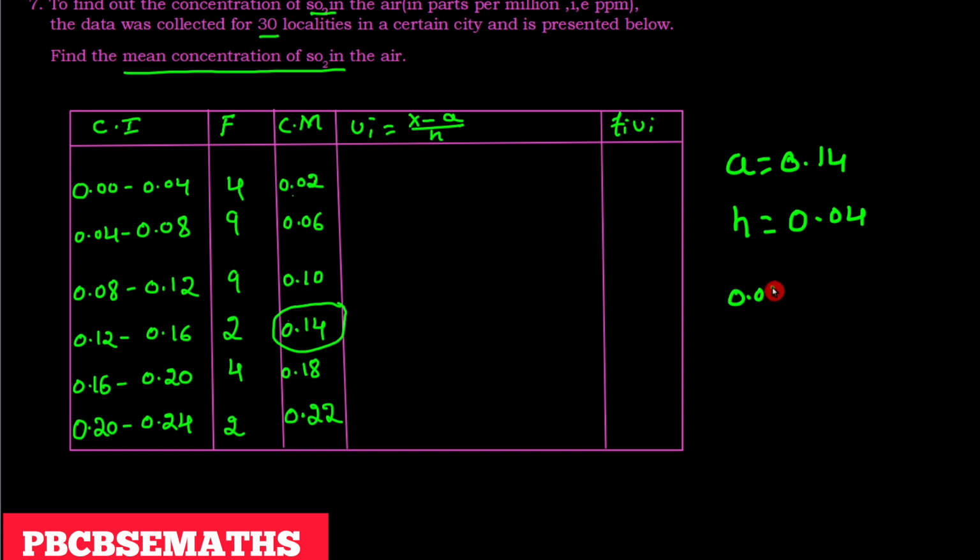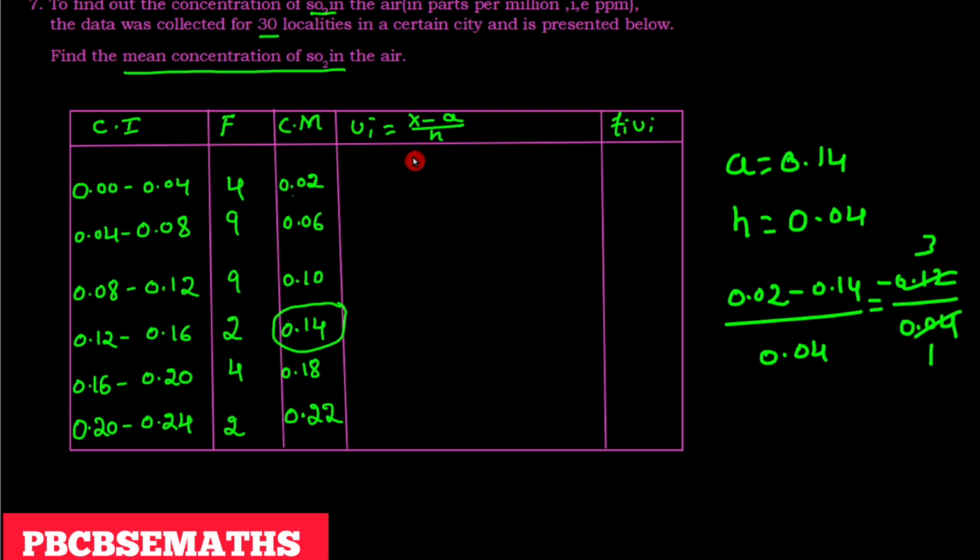So 0.02 minus 0.14 divided by 0.04, which means we are going to get minus 0.12 divided by 0.04. By cancelling it out, we are going to get minus 3 here. So we will write that here.